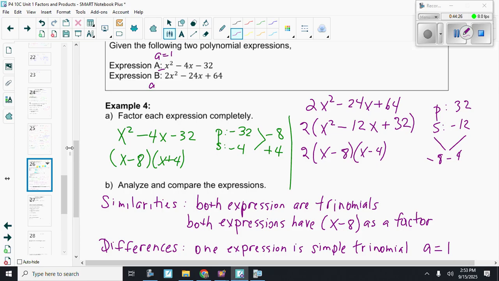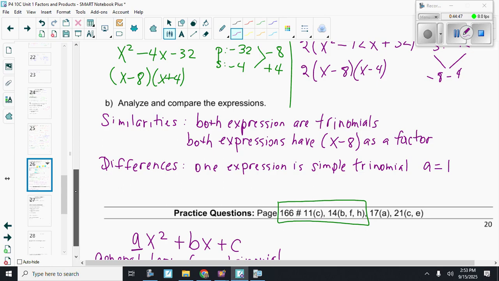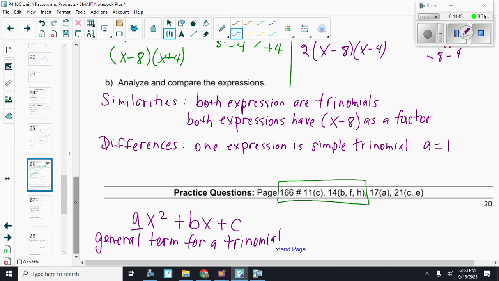What's a equal to here in trinomial B? Come on, guys, it's nice and obvious. Yes, 2. It's just the number that sits in front of the x squared. So in this case, a is equal to 1. That means it's a simple trinomial, and one expression is a simple trinomial.